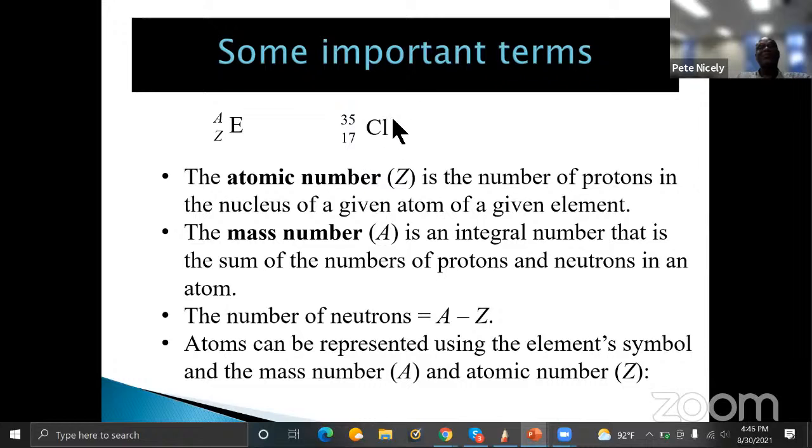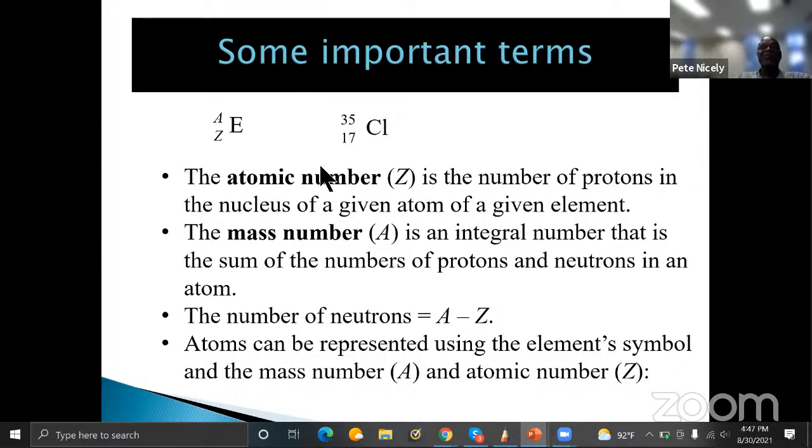So for example, this representation is showing you that in this particular atom of chlorine, we have a mass number of 35 and an atomic number of 17. Based on this representation, we can tell some things about the chlorine atom.